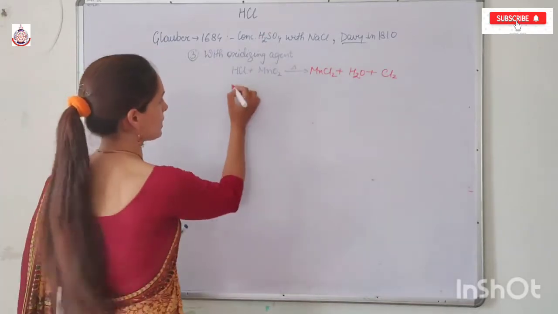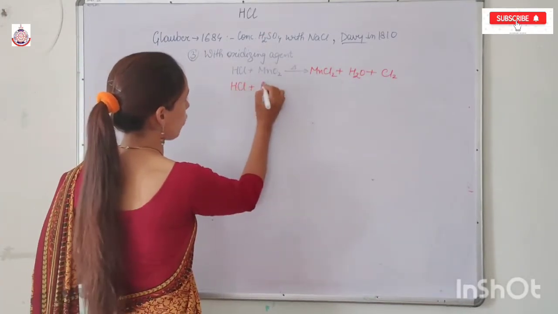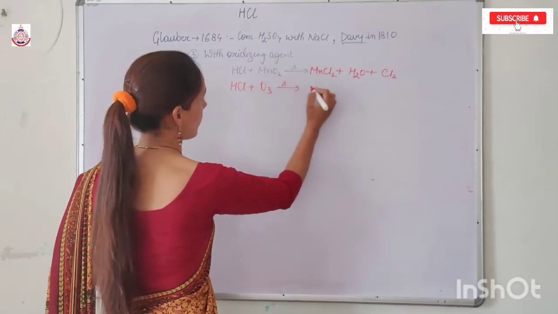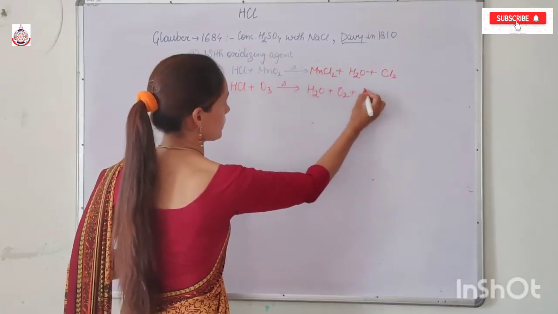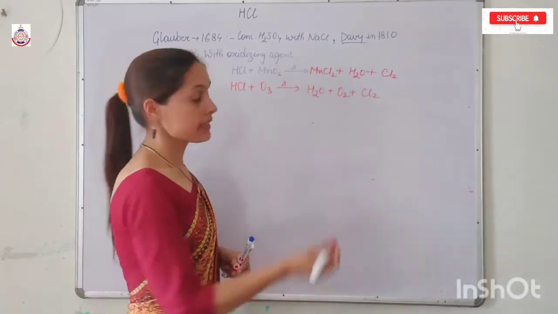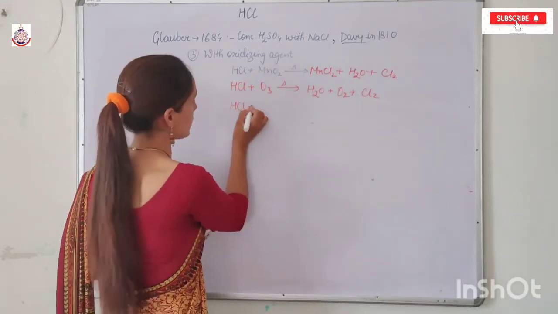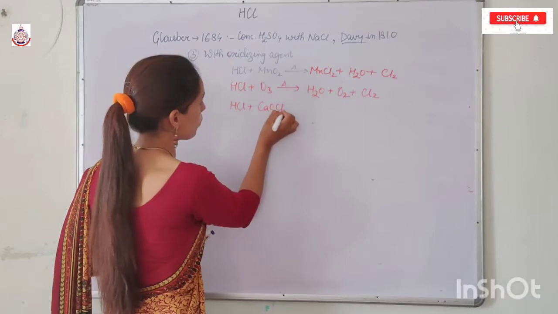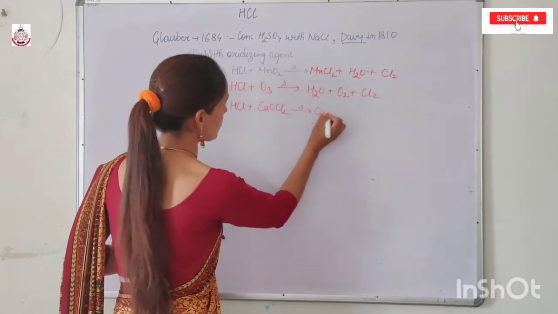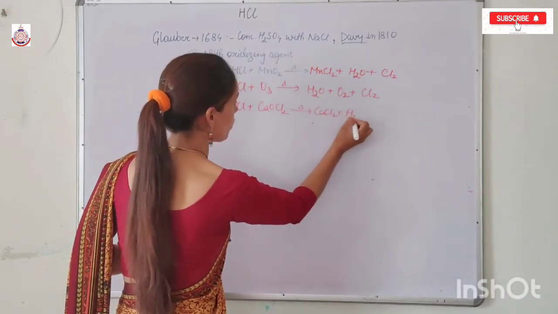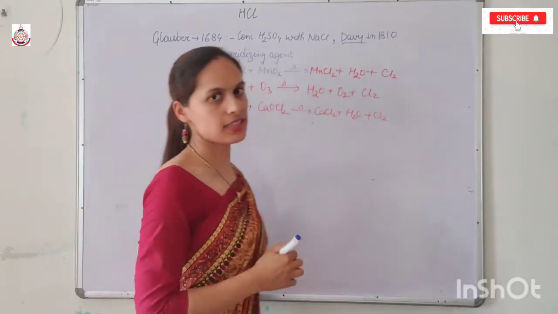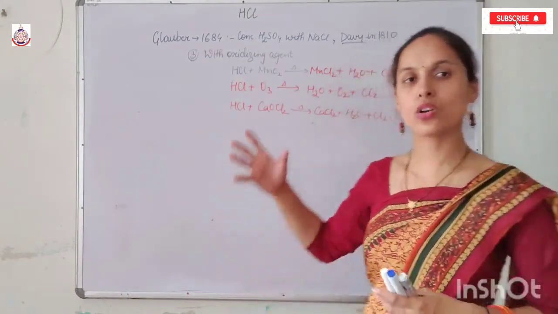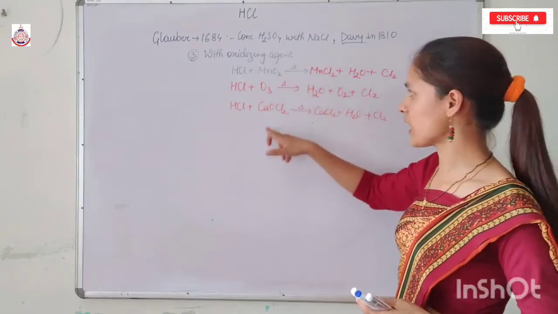Similarly, when HCl reacts with ozone on heating, it forms H2O plus O2 plus Cl2, and HCl on heating with CaOCl2 gives CaCl2 plus H2O plus Cl2. These are the oxidizing agents.